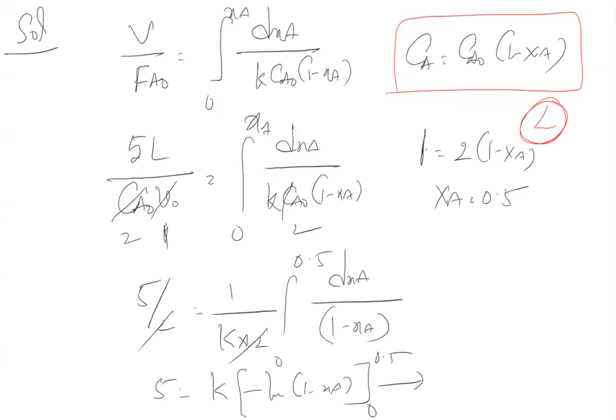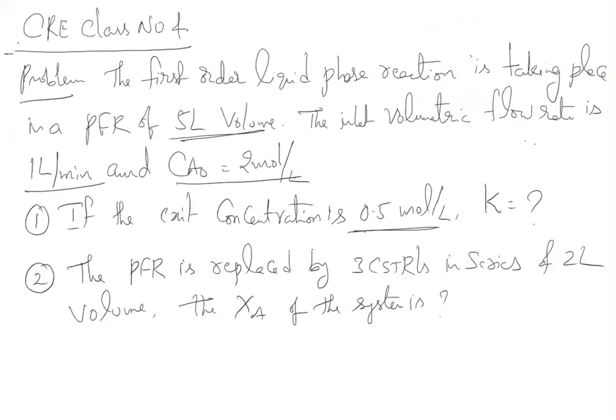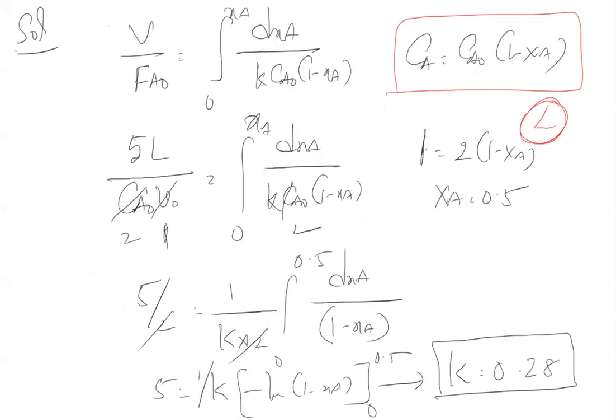So if you solve this one, what you get for 1 by K, basically K is 0.28. Sorry, CA is 0.5, so XA is 0.75.